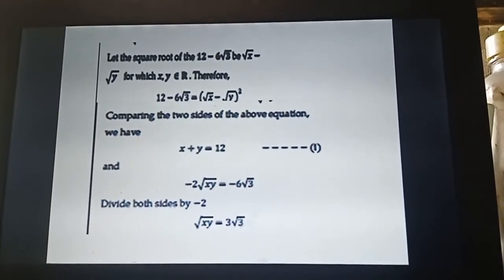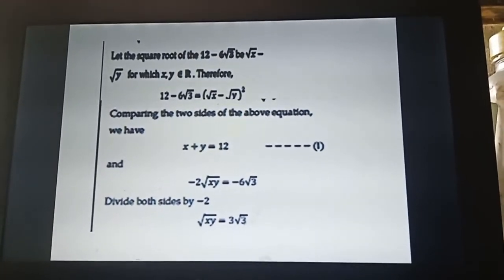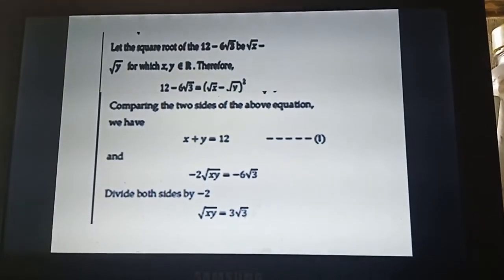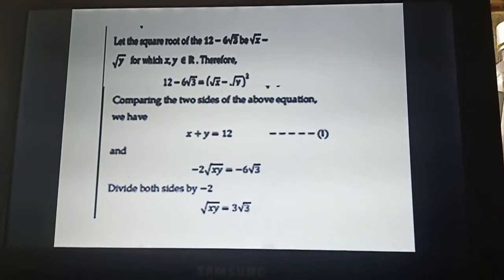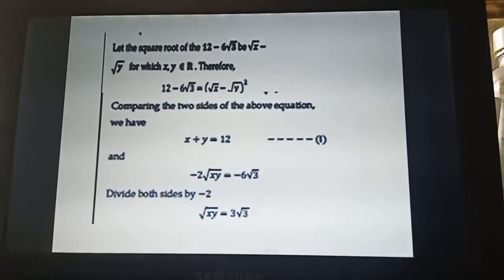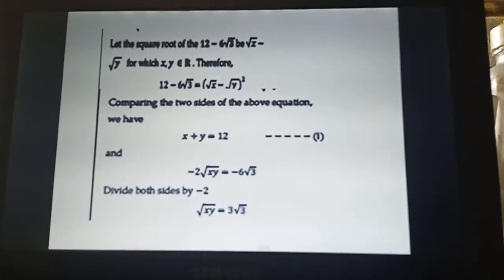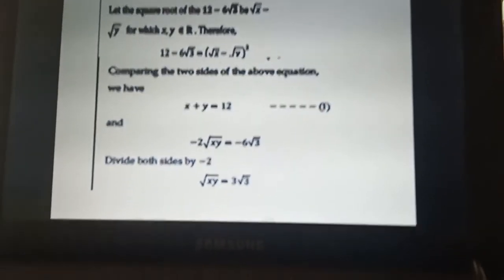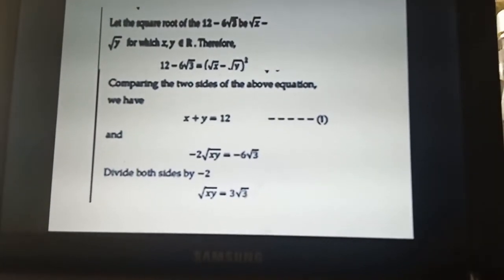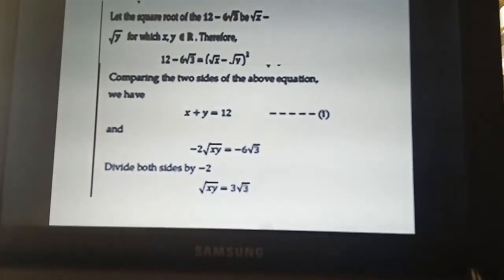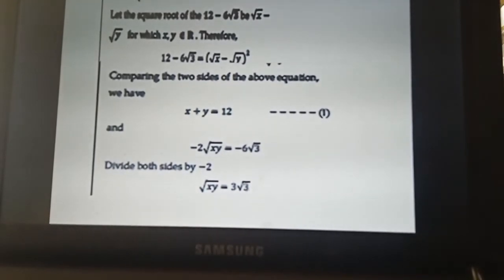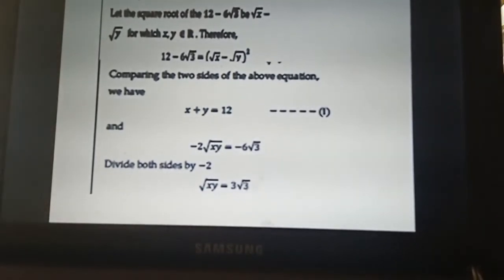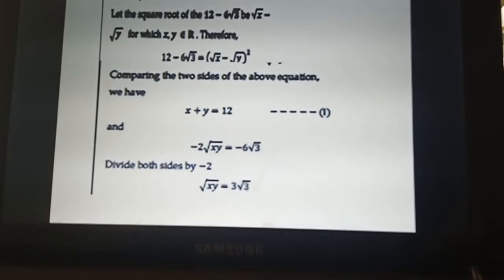So let the square root of the 12 be this, for which x, y belong to R. Therefore 12 minus 6 root 3 is equal to root of x minus root of y, all in square.